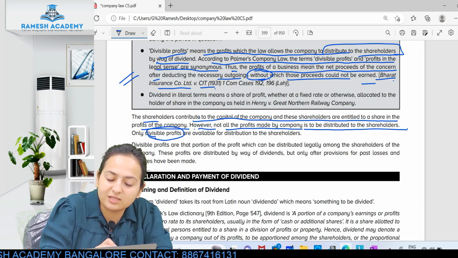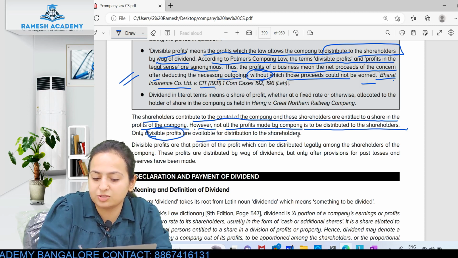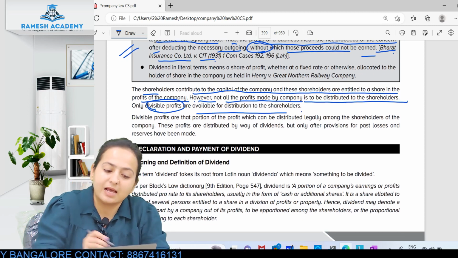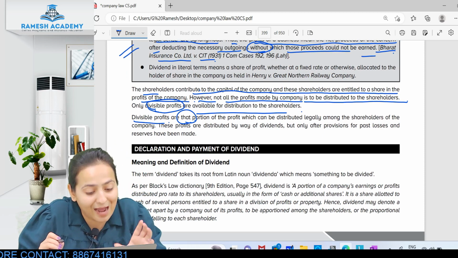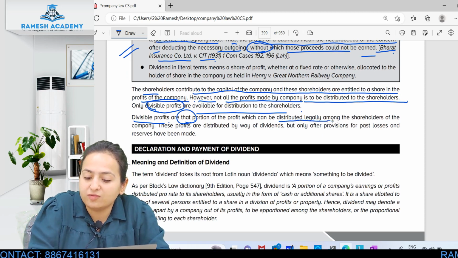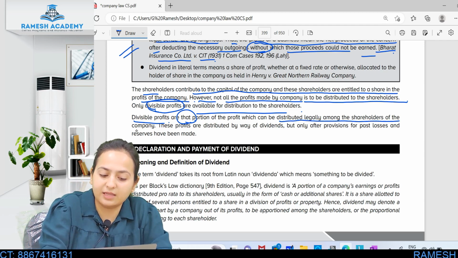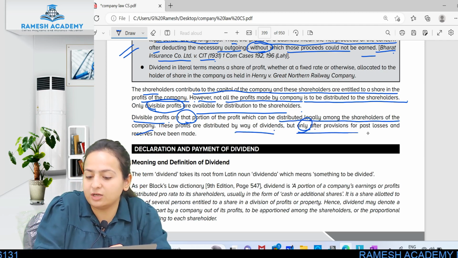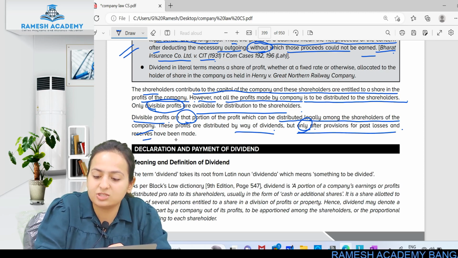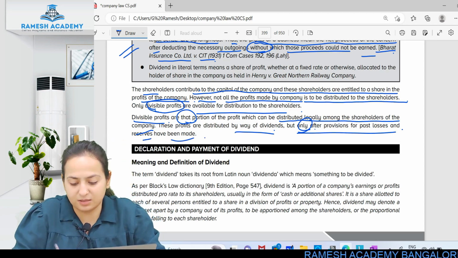Only the divisible profits are to be distributed to the shareholders. What is divisible profits? That portion of the profit which is distributed among the shareholders by way of dividend only after provision for past losses and reserves are made.